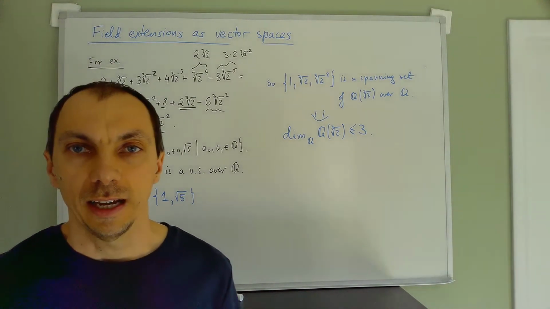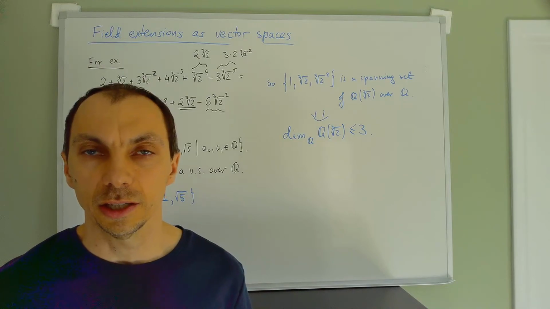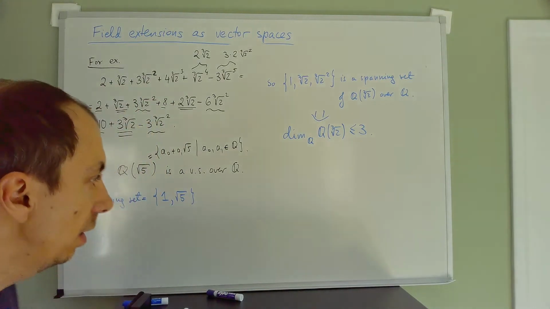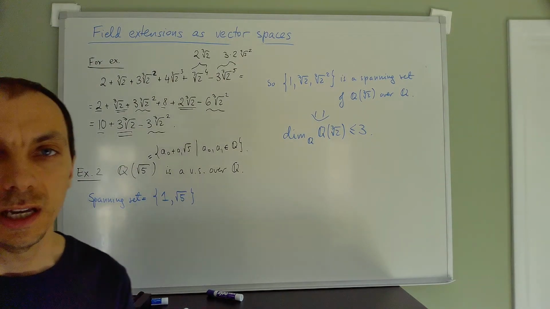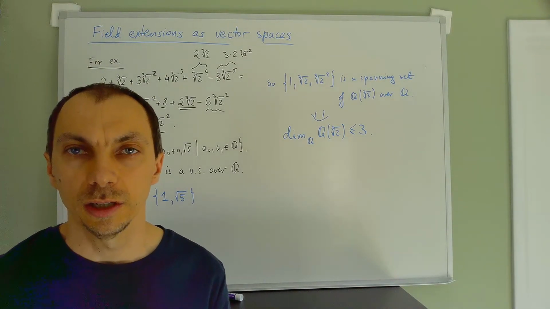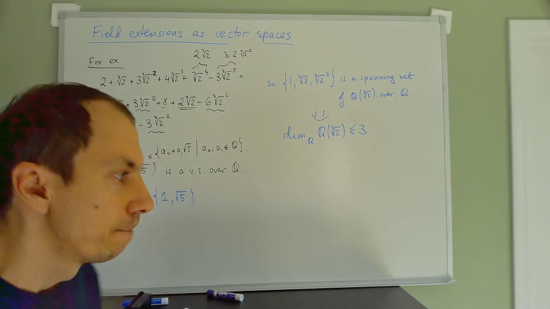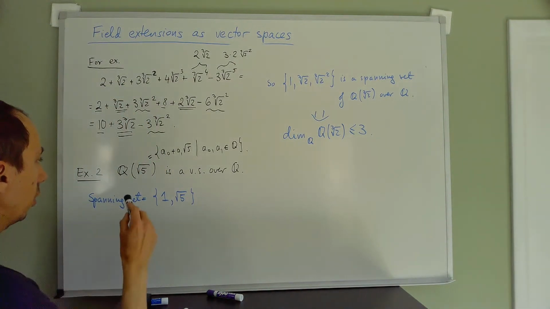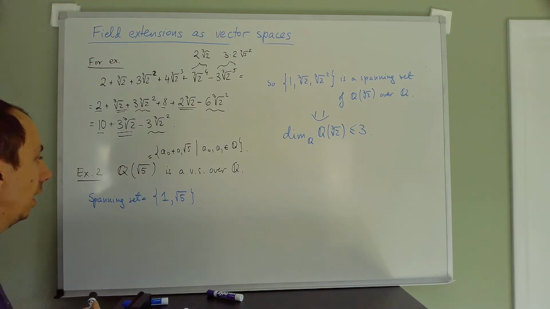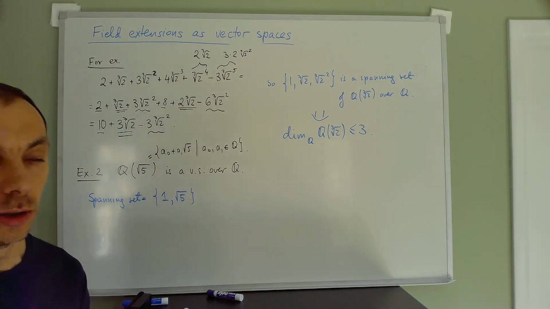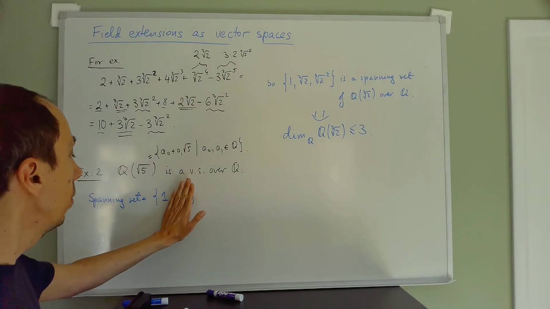In this case, I can even go a little further and say that this is actually a basis. If it were not a basis, that means a subset of it would be a spanning set. But because rational numbers live inside this field, I need to be able to get all the rationals, so I definitely need 1 in my spanning set.